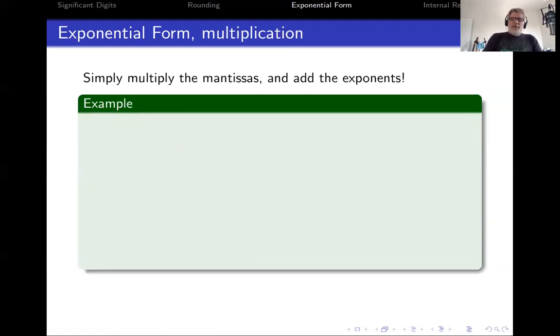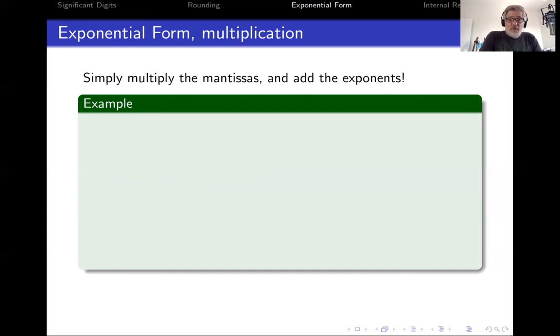Okay, so arithmetic in exponential form, how does it work? So we're going to look at multiplication, division, subtraction, addition, right? But this is something else that you've probably done also, but it's pretty straightforward, right?